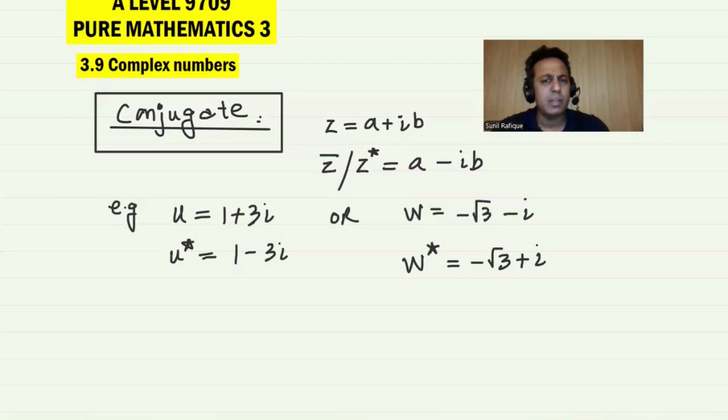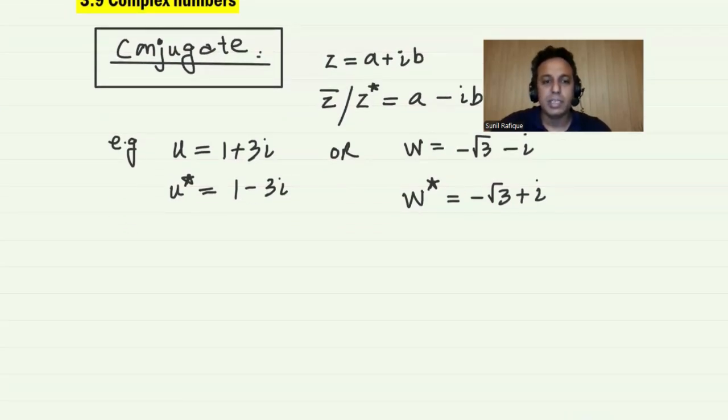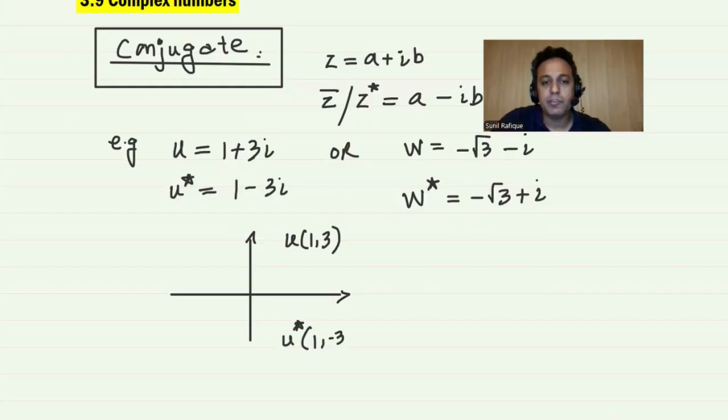Now, you might be wondering, what's the point of changing the sign of the imaginary part? So I'm going to show you the geometrical significance of a complex number and its conjugate. Let's take this first example. u is (1, 3), and u star is (1, -3) on the Argand diagram.